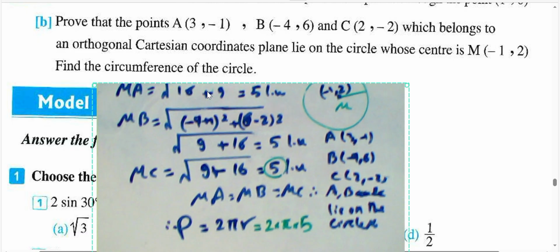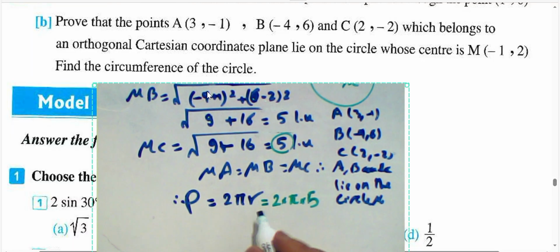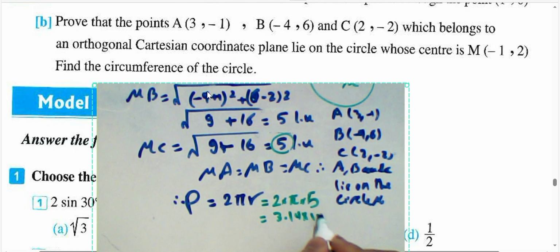Then the result here, you can write 2 times 5, 10, 10 times 3.14. Okay, 3.14 times 10, it will be 31.4. And the unit here is length unit. Or you can write 10 pi.